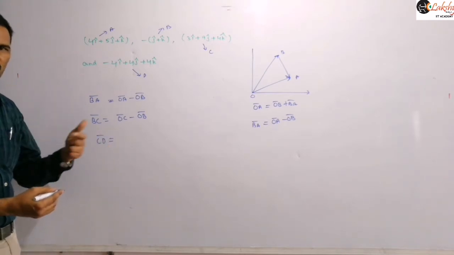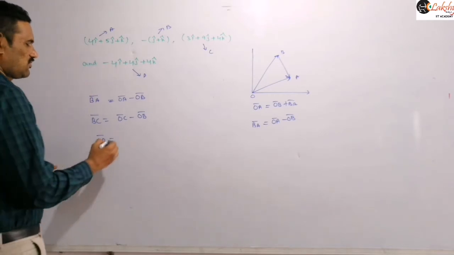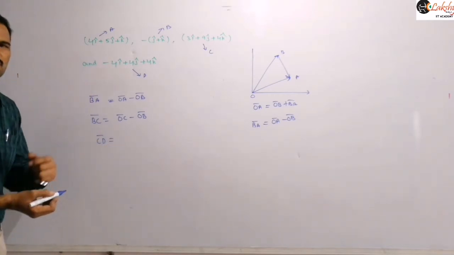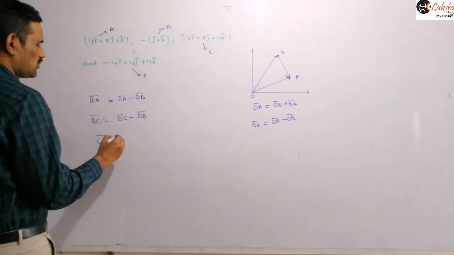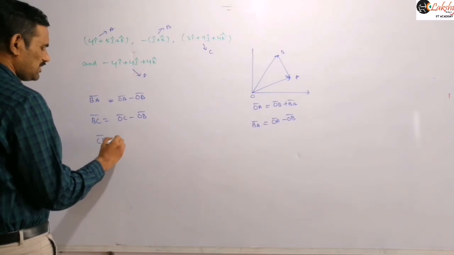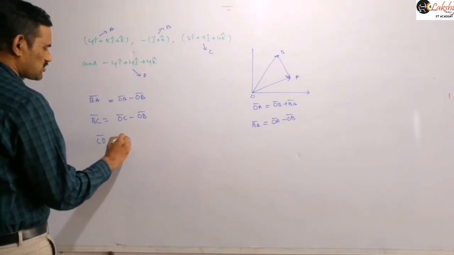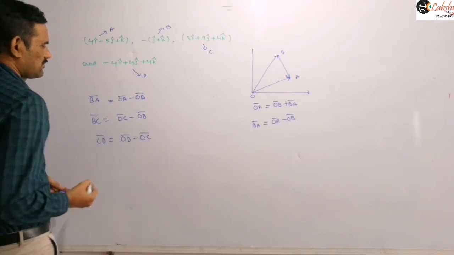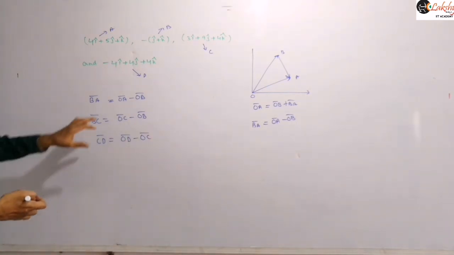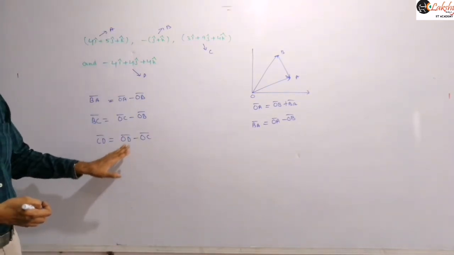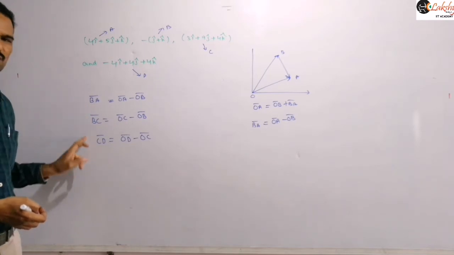The third vector, by including that fourth point, we need to consider here. Suppose I am taking that as CD bar. Then CD bar you can write as OD bar minus OC bar, right? So now just by substituting these values, find these vectors. Now these are the 3 vectors.